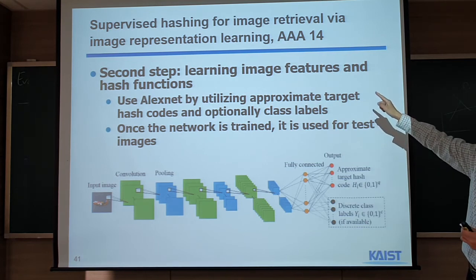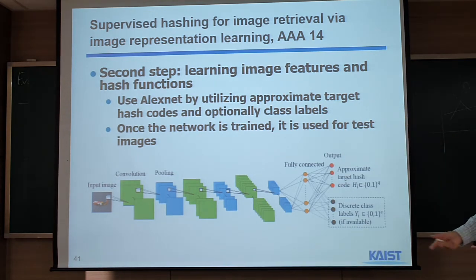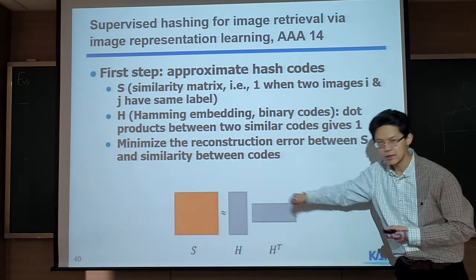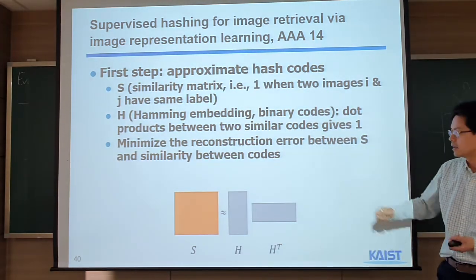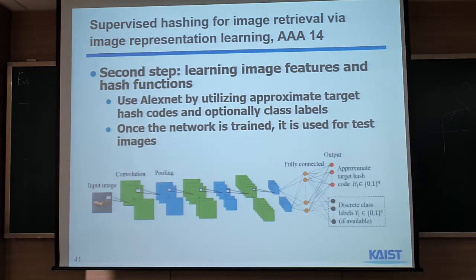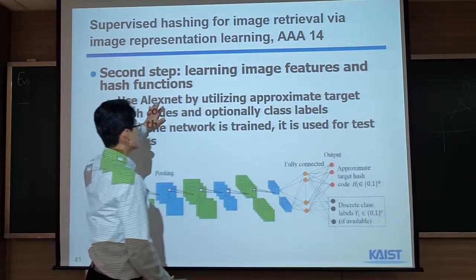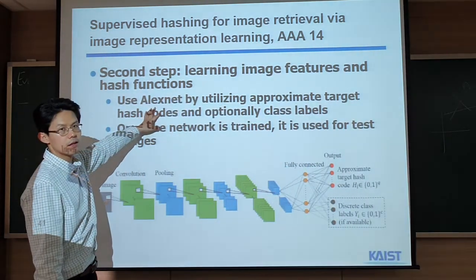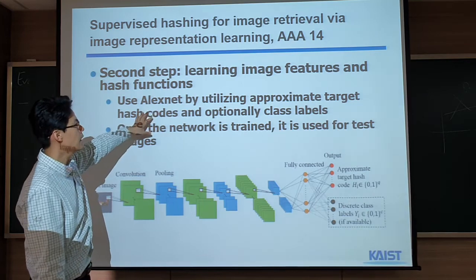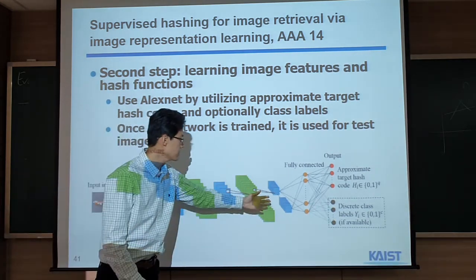They wanted to learn the image feature hash function that gives the computed hash code, right? And to compute the hash code, they use some very classical approaches. They use AlexNet, the basic CNN network. And then we do the same. This is a very similar CNN approach.